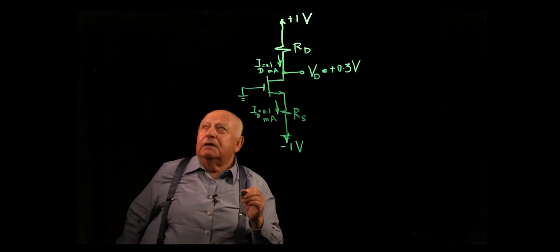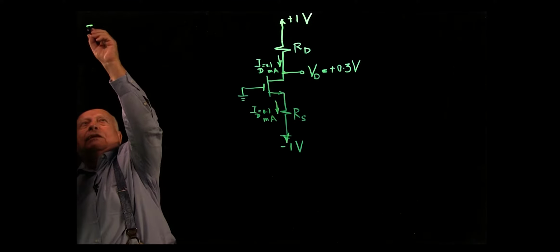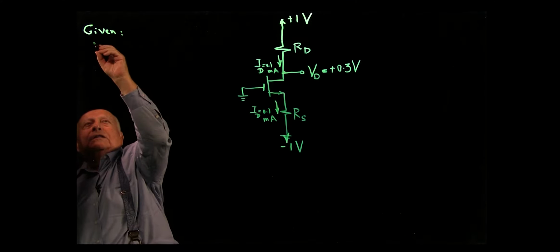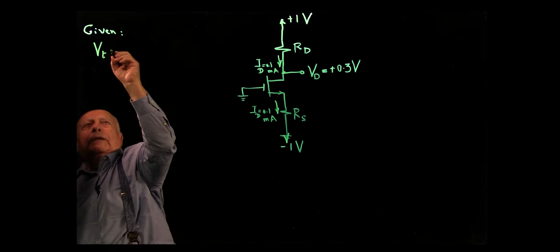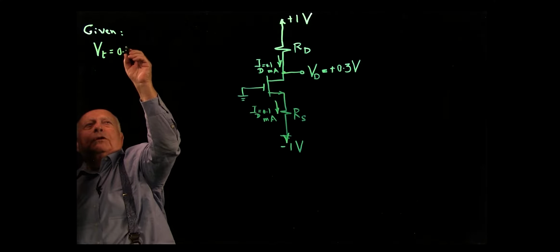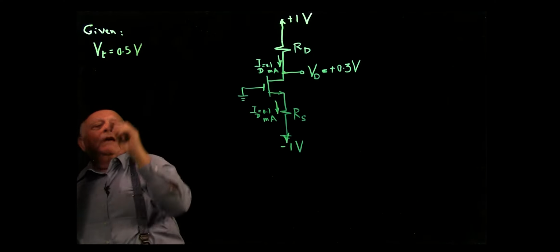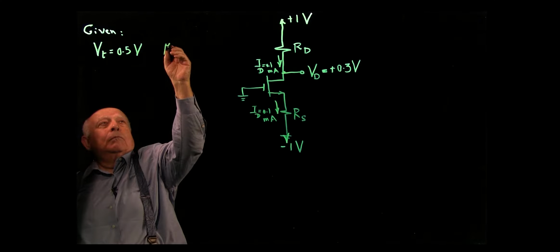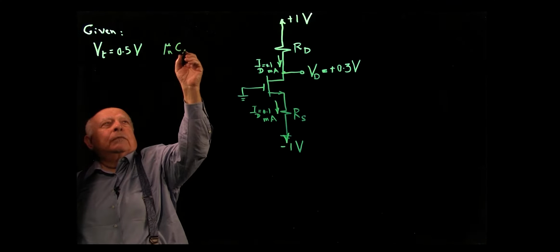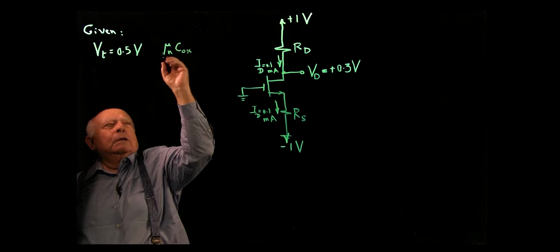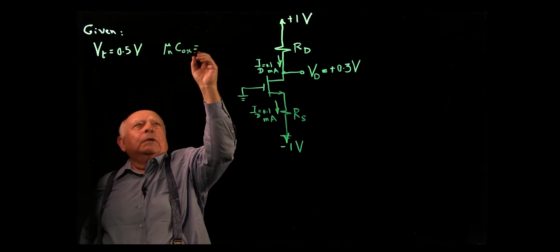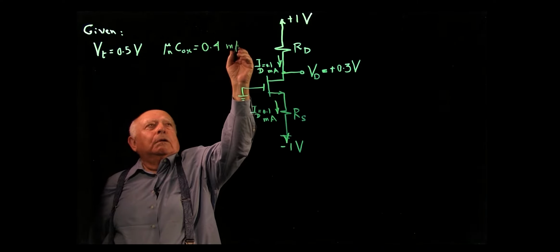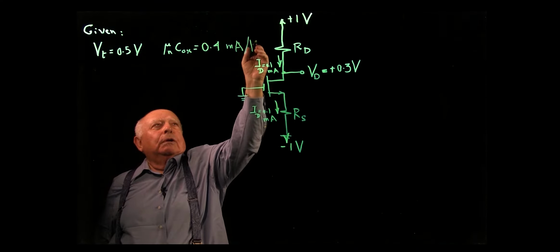We are given the parameters of the transistor. The threshold voltage VT is equal to 0.5 volt. We are also given mu n C ox for this process, and this is equal to 0.4 milliampere per volt squared.